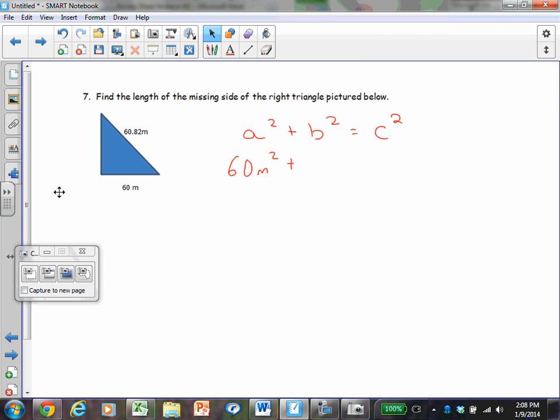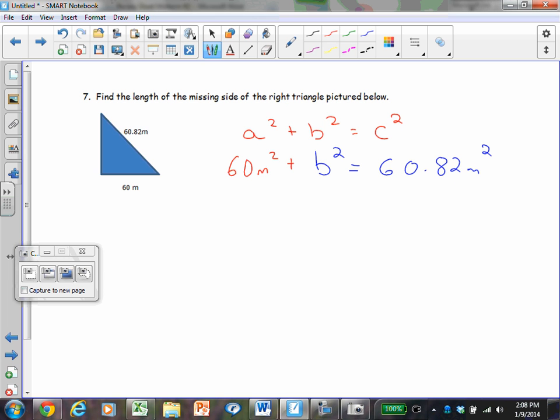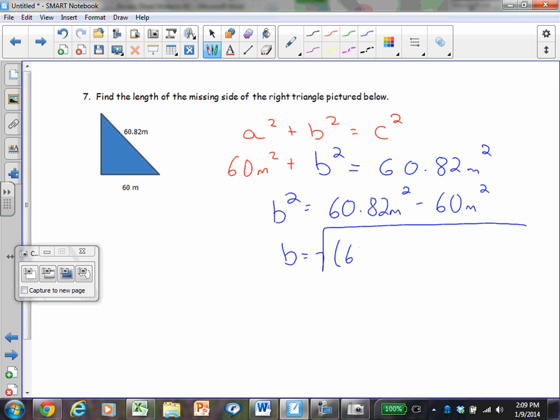Don't make that mistake. b squared equals 60.82 meters squared minus 60 meters squared. b equals the square root of... Well, it shouldn't be that.